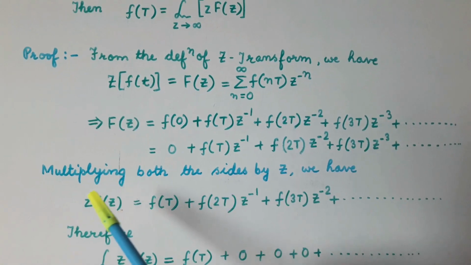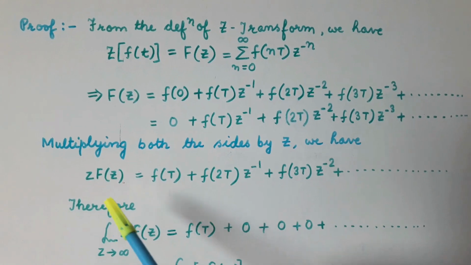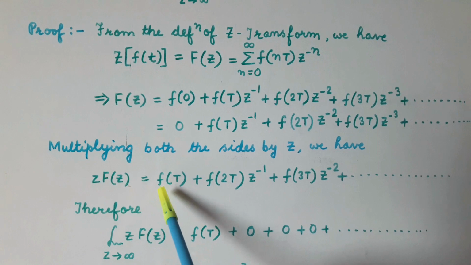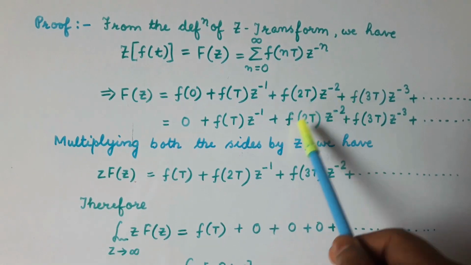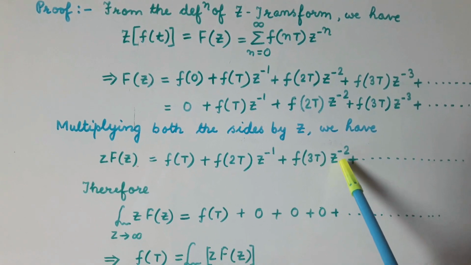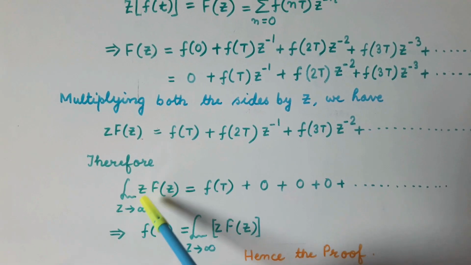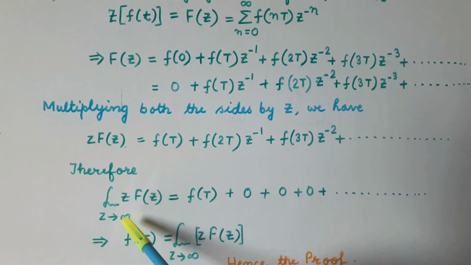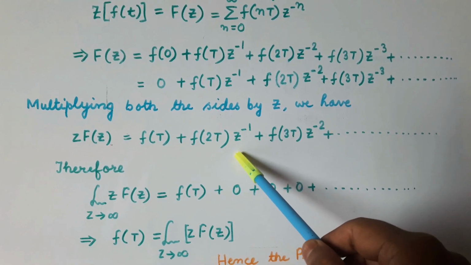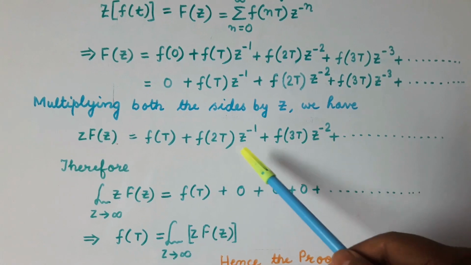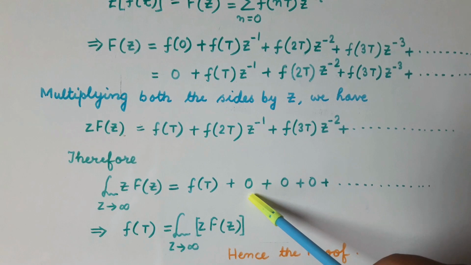Now we will multiply both the sides by z, so that we have z F(z) is equal to f(T) plus f(2T) into z to the power minus 1 plus f(3T) into z to the power minus 2 and so on, from which we have the limit of z F(z) when z tends to infinity will be equal to f(T) plus 0 and so on, because z is infinity and 1 by infinity is 0.